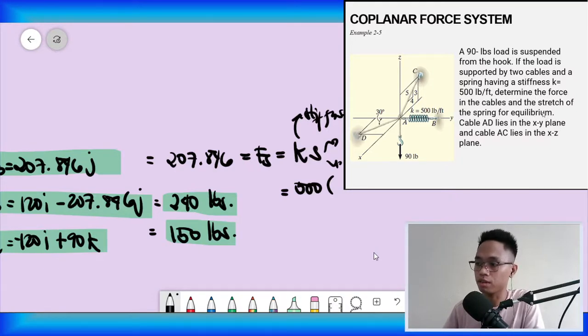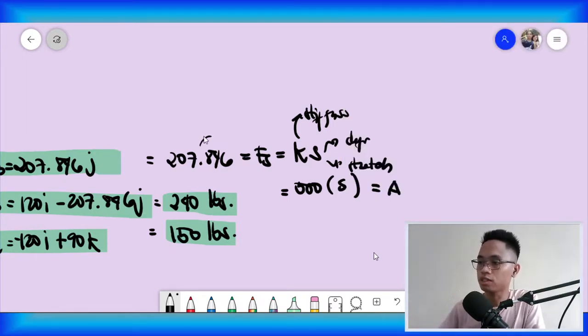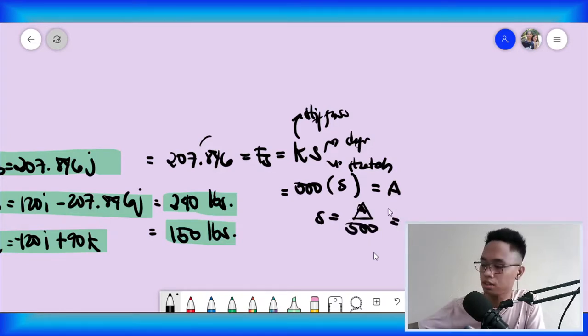So we have here your stretch, and please take note that I have stored this value in A. So therefore your S is just equal to A over 500. What is the stretch in the spring? That is A over 500.